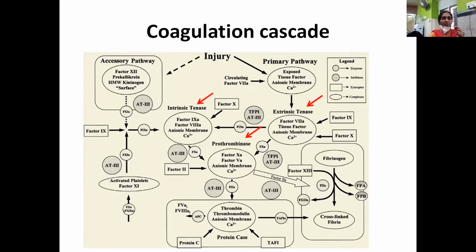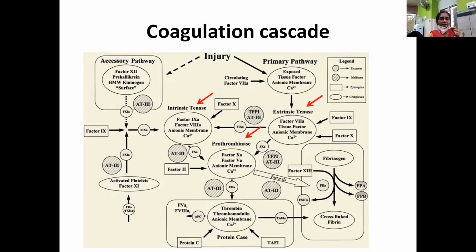These two complexes can activate the final prothrombinase complex, which consists of factor 10, factor 5, phospholipid, and calcium, which in turn converts fibrinogen to fibrin. Then the cross-linking of fibrin and the final fibrin clot is formed. So that is the coagulation cascade.